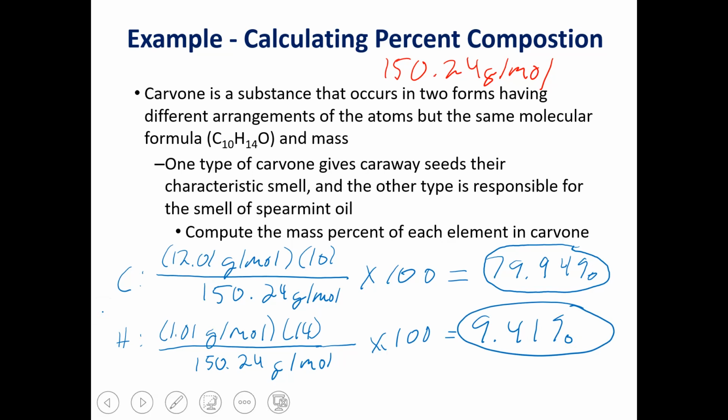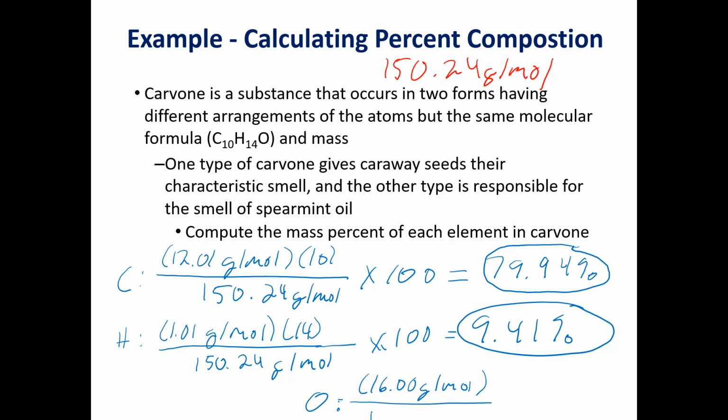And then for oxygen, I'm going to have to write oxygen over here. We have 16 grams per mole, and there's only one oxygen, so we don't have to multiply that by anything.